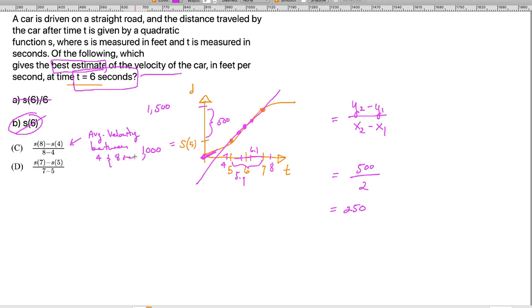You should just make sure that makes sense to you. This last one gives you the average velocity between 5 and 7 seconds, and that is the closest to being the instantaneous velocity at 6 seconds.